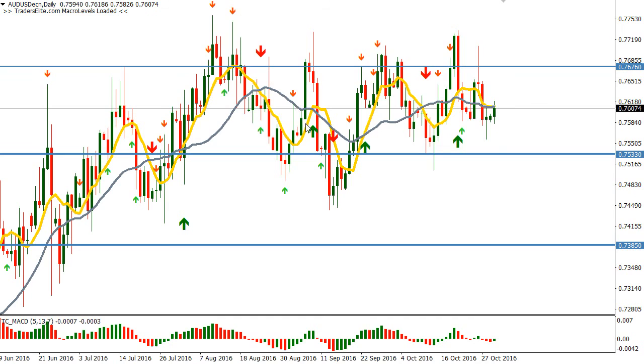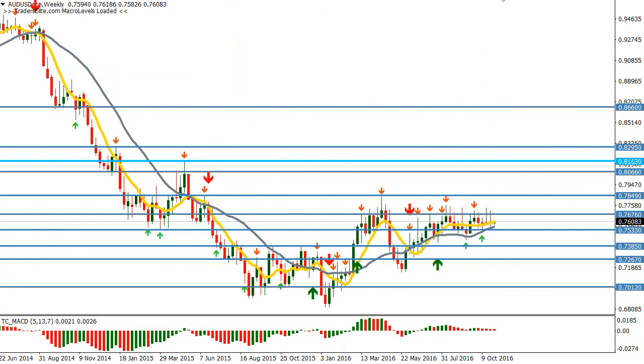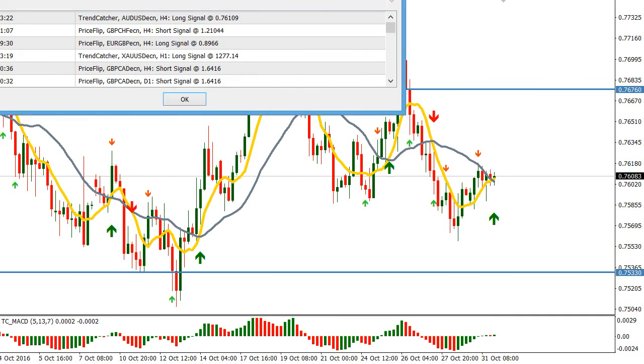It's been range bound between these two macro levels, 75.33 and 76.76, for quite some time now. And if we see price slip down today, then we could see a new daily trend trade to the downside form. On the weekly, again, it's been very sideways between these macro levels. So a little hard to tell at this stage.